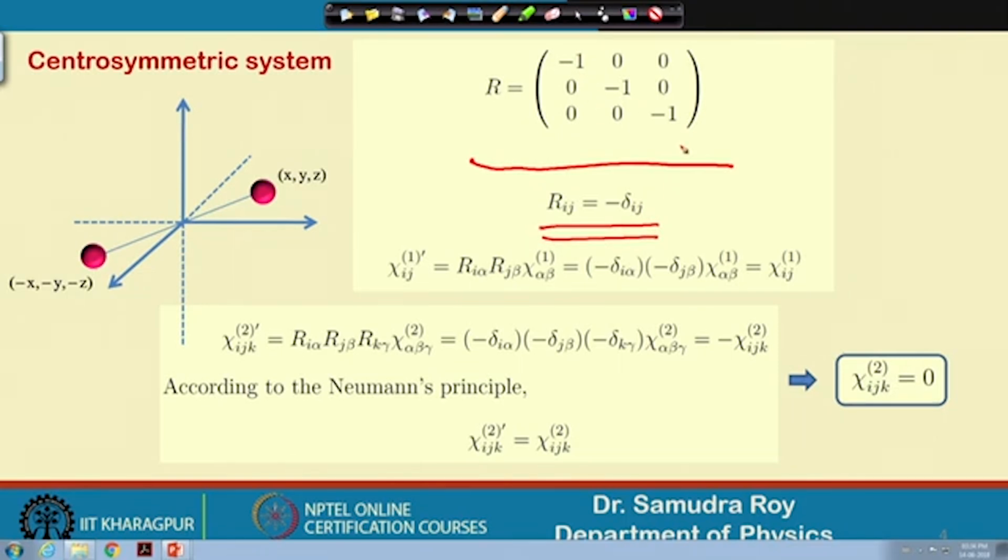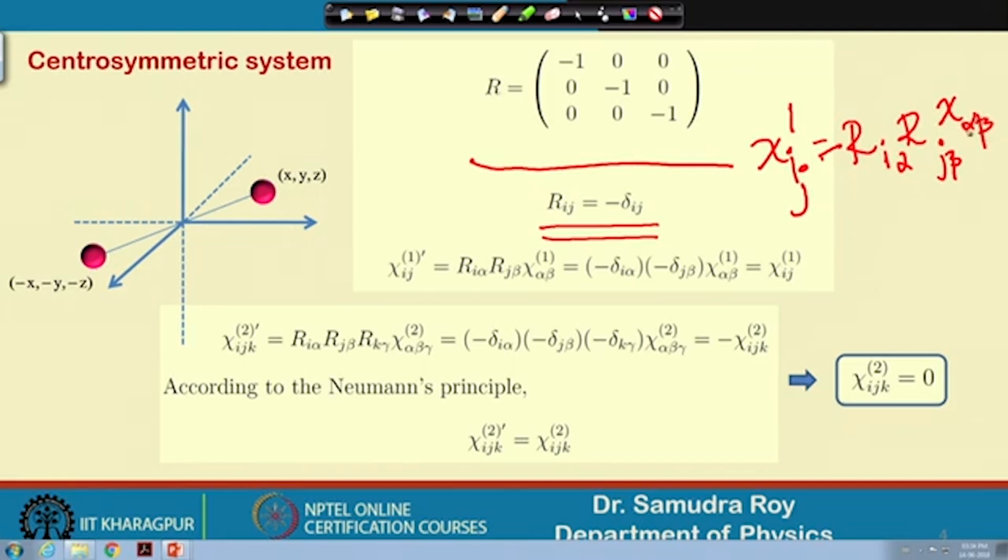So it should be minus delta i j, and we know the general transformation rule. If I want to find chi i j prime, that is the tensor element in the prime frame, it should be related to R i alpha, R j beta, chi alpha beta.